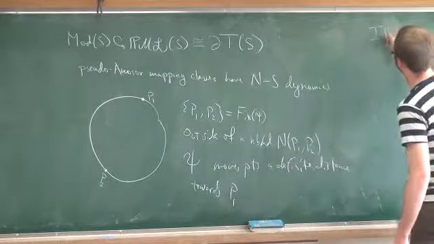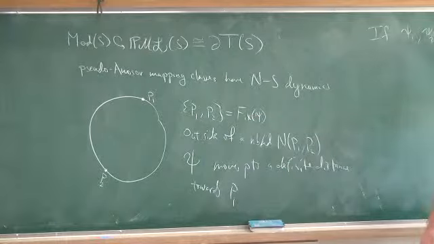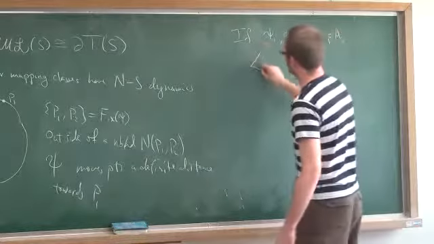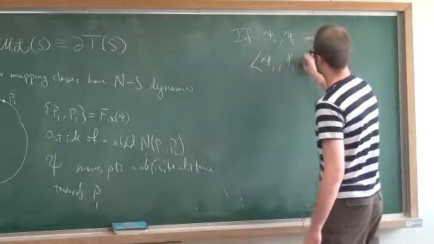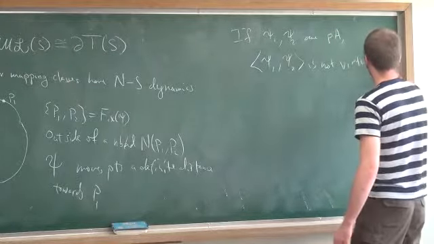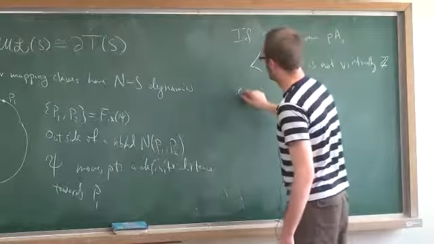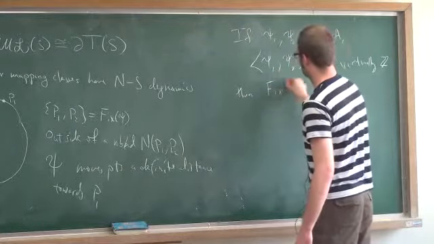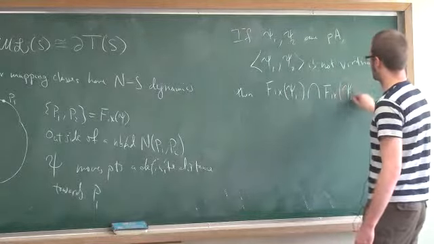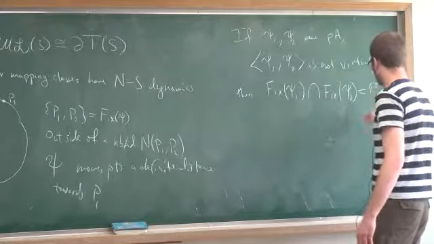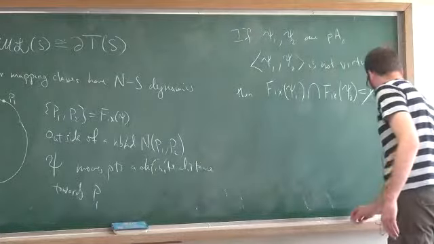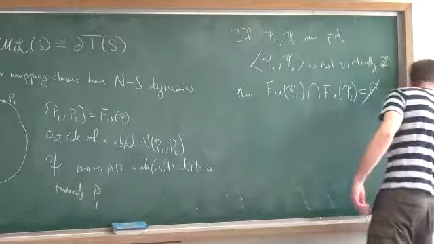So if psi1 and psi2 are pseudo-Anosov, and the subgroup generated by psi1 and psi2 is not virtually Z, then the fixed point set of psi1 and the fixed point set of psi2 are disjoint. So from the point of view of dynamics, this is a very useful setup.